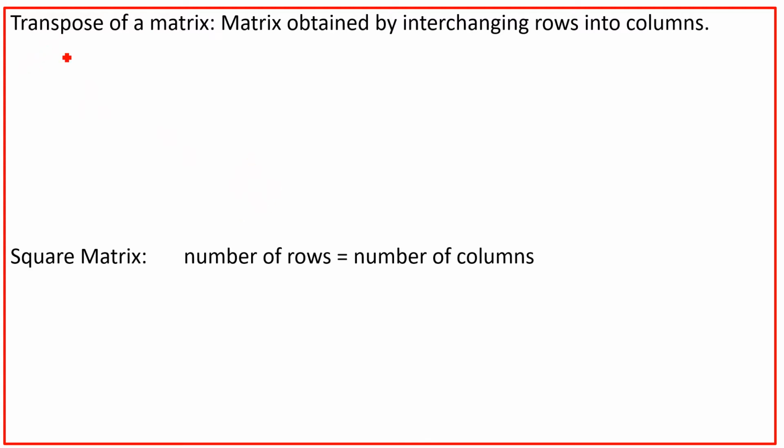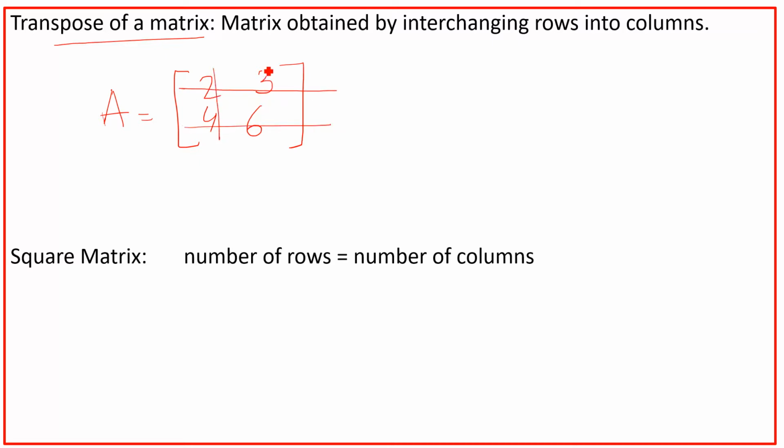Okay, first is the transpose of a matrix. The transpose of a matrix is obtained by interchanging rows into columns. What does it mean? Suppose we have one matrix, with any elements you can write down here. Horizontally these are rows, vertically these are columns.